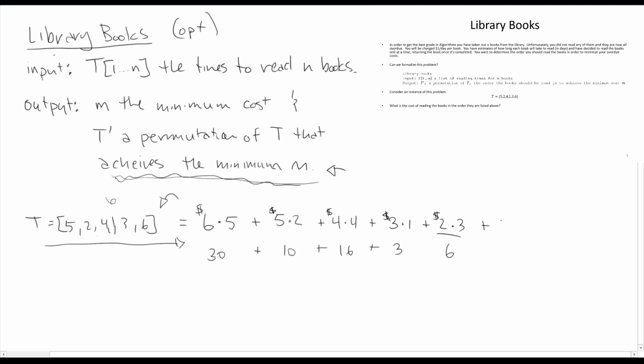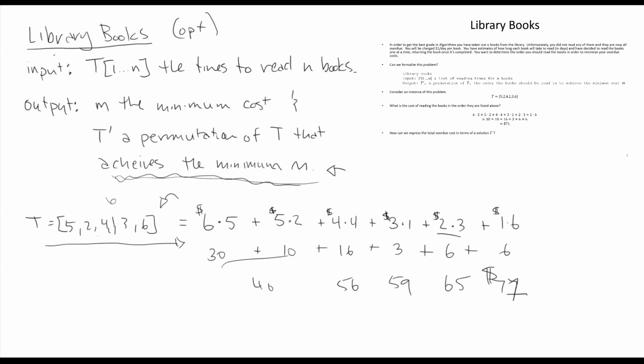And then the last one, well, we're only on $1 per day then, and that's a length 6, so that's also 6. So adding these all up, what do we got here? We got 40, looks like 56, 59, 65, 70, oops, that was supposed to be a 1, let's make that a 1, $71. Okay, came up with the same math, $71 here.